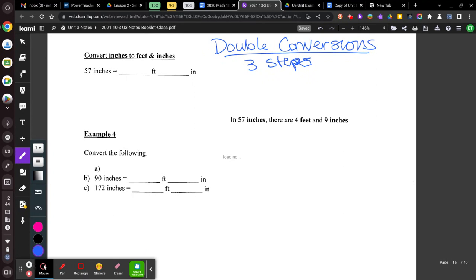The first step, step 1, we are going to take 57, the original number. We are going to divide it by 12. This comes from the chart. Whether you're going to multiply, divide, or whatever number you're using, that comes from the chart. So that gives us our answer, 4.75. This will always give you a decimal answer.